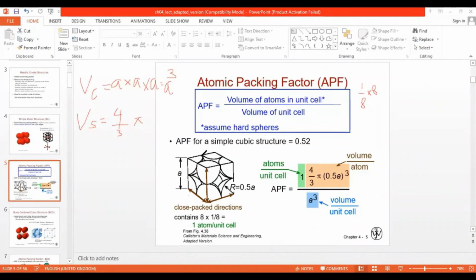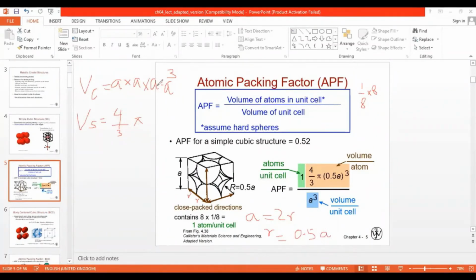In 1A there is 2R, you see 2 sphere parts here. So I can say this as R and this as R. From there you can say A is equal to 2R, because one atom here, one atom here, 2 atoms making 1A. Then R is equal to A by 2, that is 0.5 A.